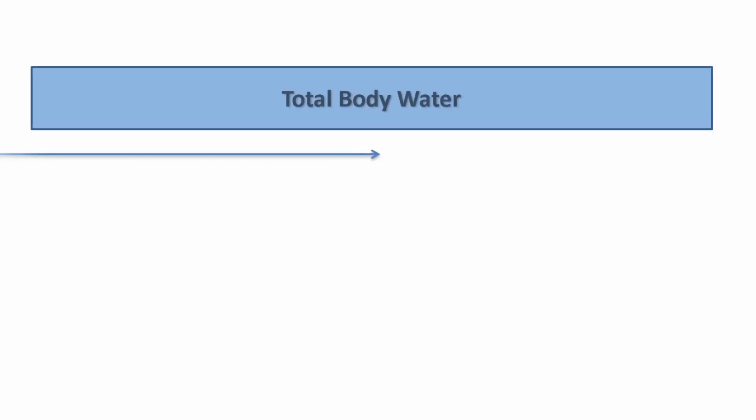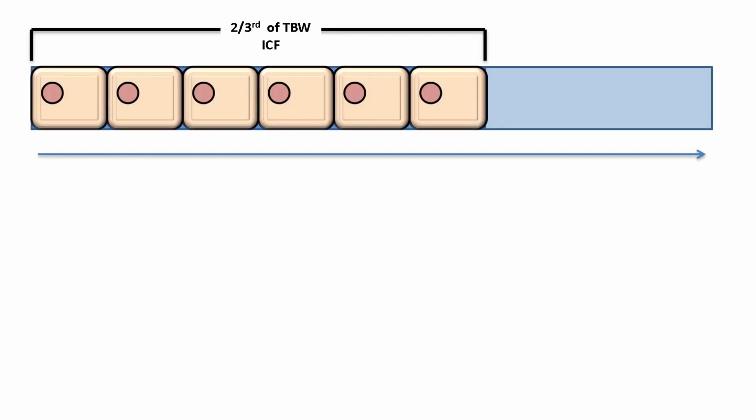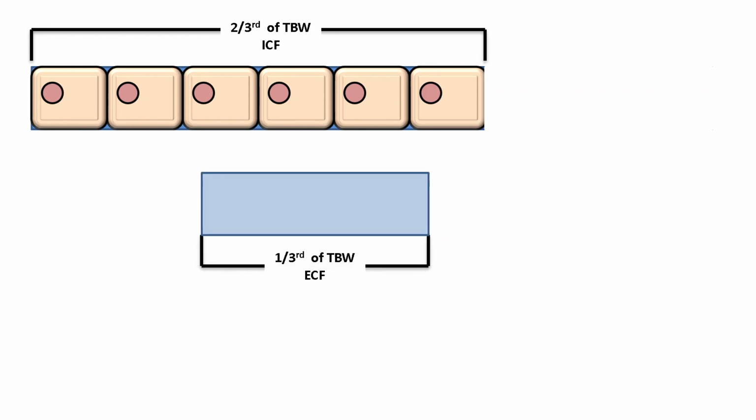This diagram represents the total body water content of a person. Out of this total amount of water, 2/3 belongs to the intracellular fluid space, and the rest 1/3 belongs to the extracellular fluid space.